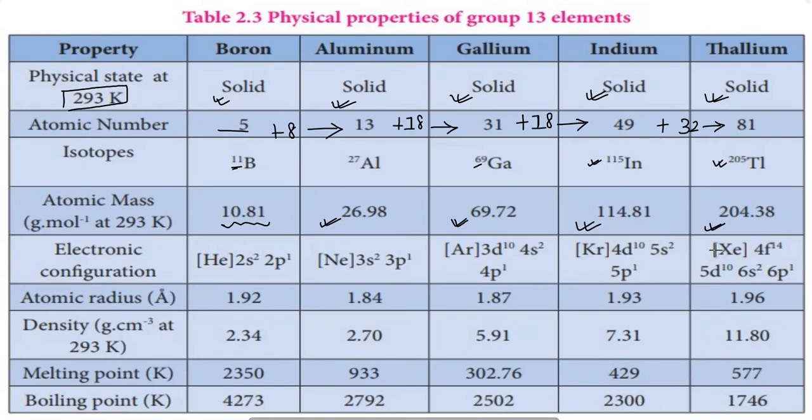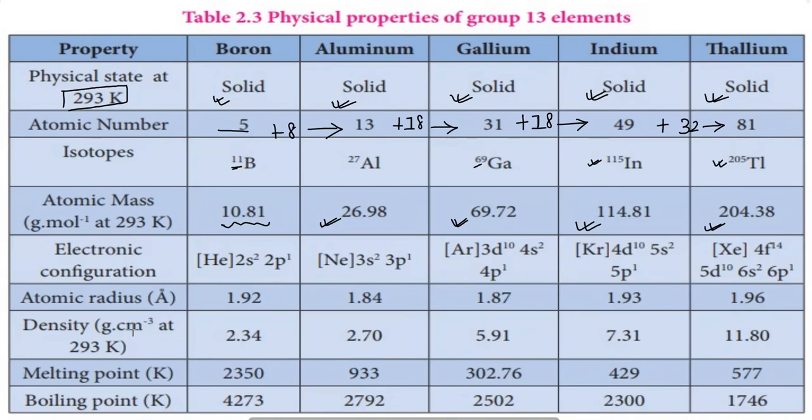For thallium it will be xenon 4f14 5d10 6s2 6p1. The atomic radius here: 1.92 is the atomic radius for boron. For aluminium it is 1.84. For gallium it is 1.87. For indium it is 1.93, and for thallium it is 1.96.